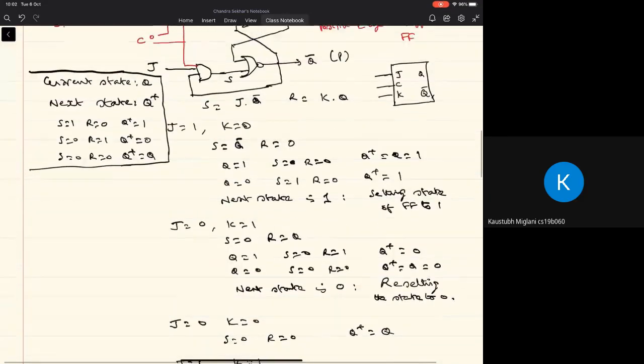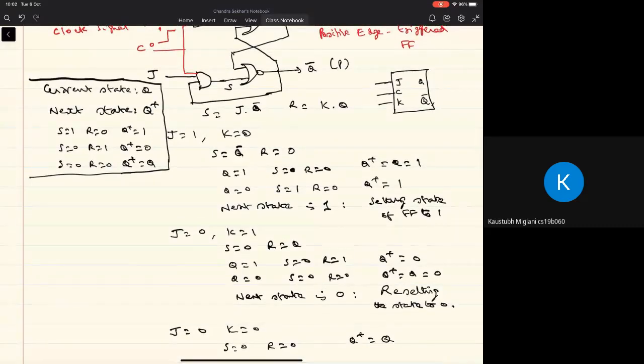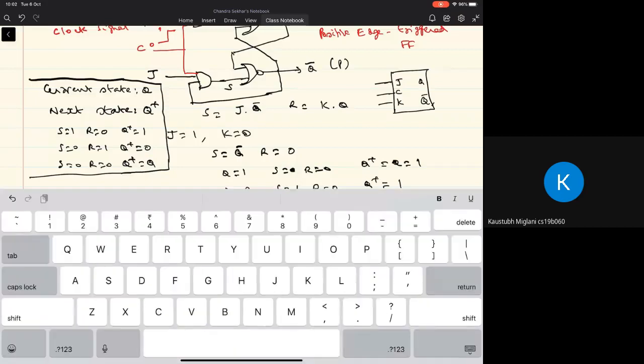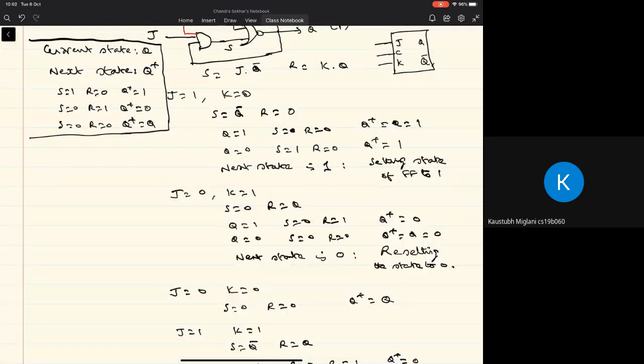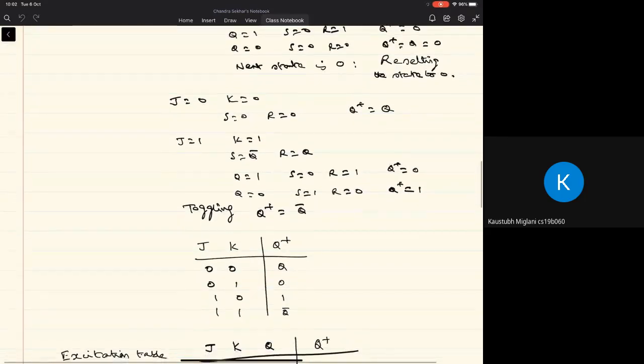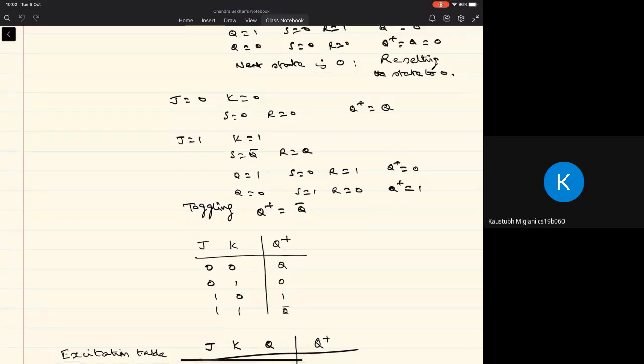If we set J equal to 1 and K equal to 0, it will set the state of the flip-flop to 1. If J is 0 and K is 1, it will reset the state to 0. If J is 0 and K is 0, the same state is maintained, no change. If J equal to 1 and K equal to 1, then the state of the flip-flop gets toggled. That is, the new state will be the complement of the current state.